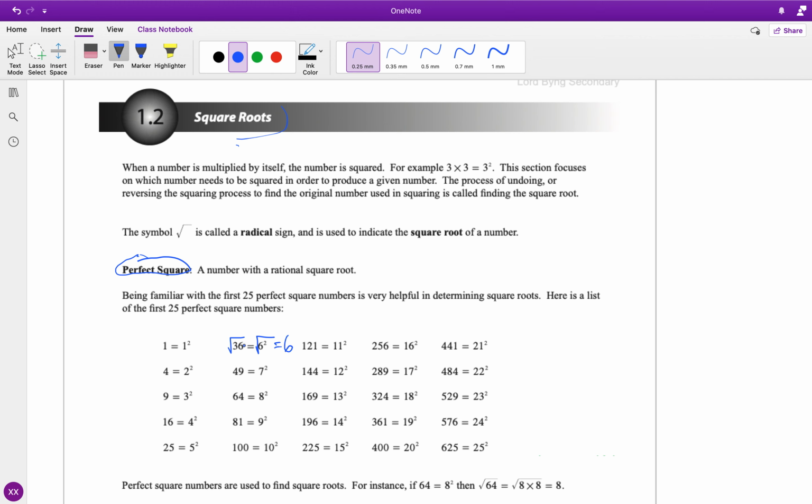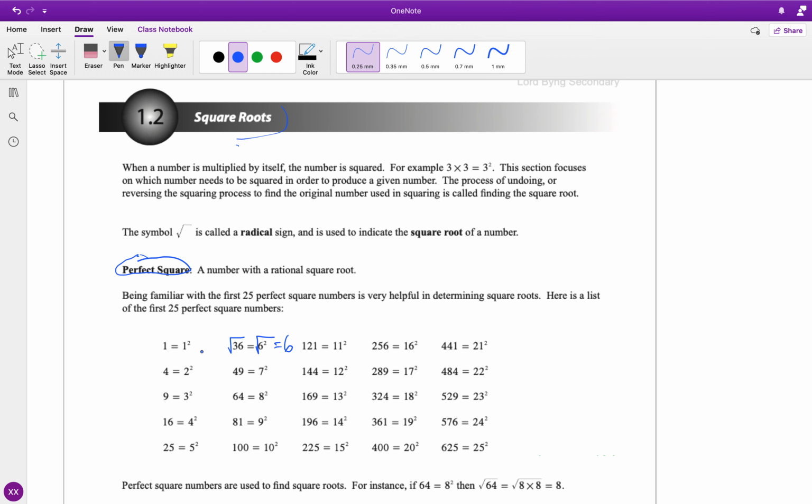So that means 36, because the square root is a rational number, is a perfect square.